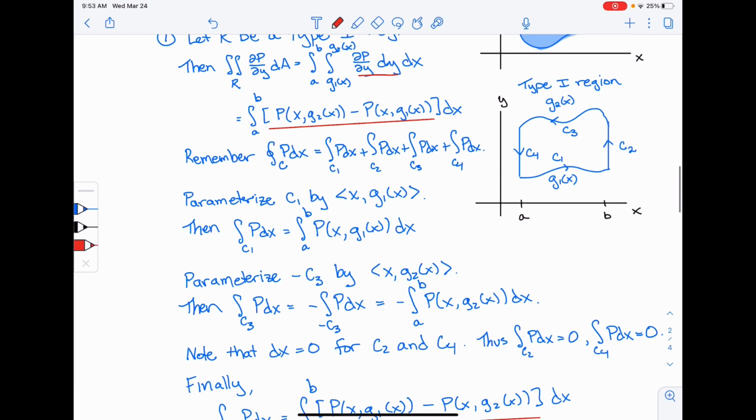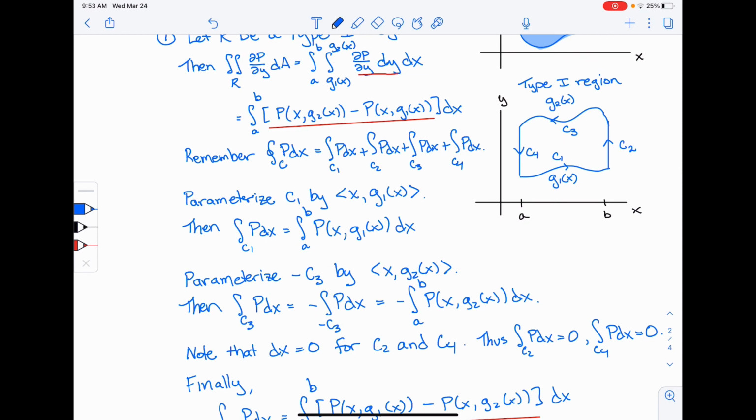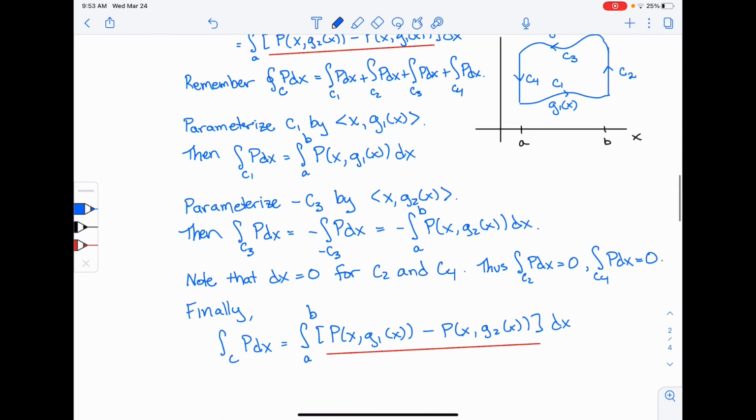So minus that integral is going to be minus dp dy dA. So this is equal to minus the double integral over r of dp dy dA.